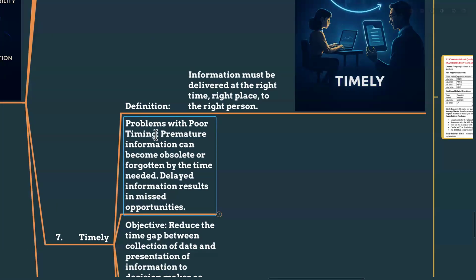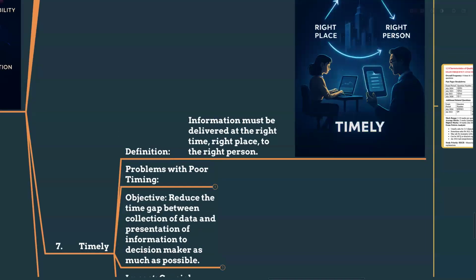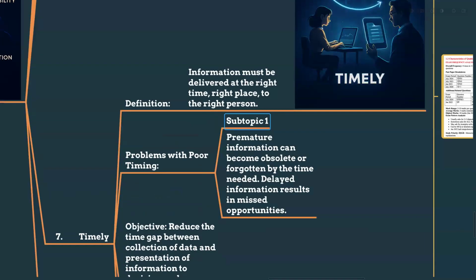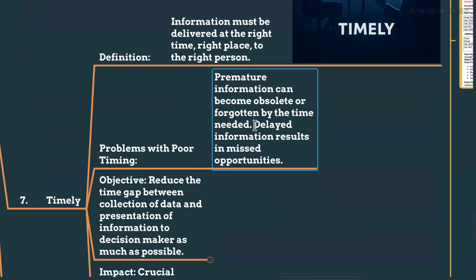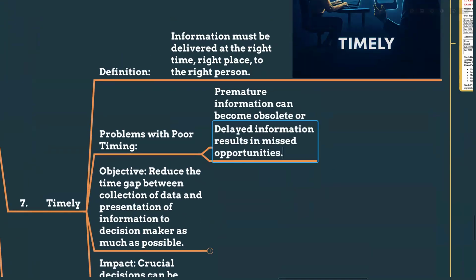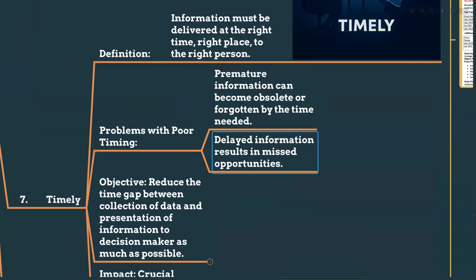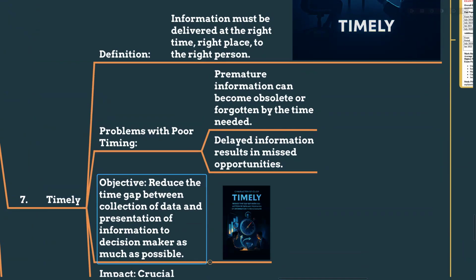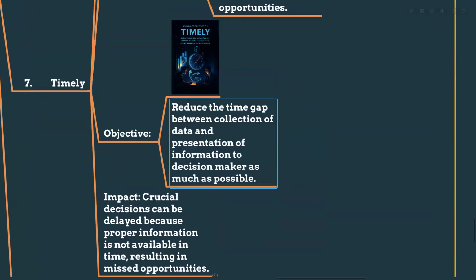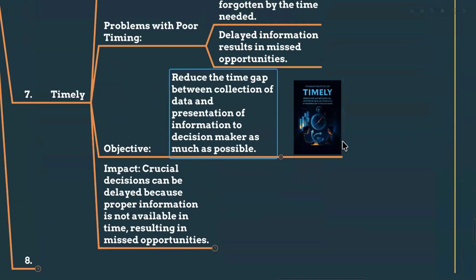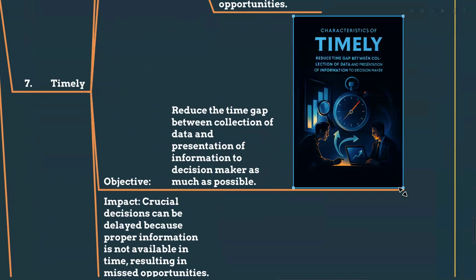So the problems with poor timing are here: premature information can become obsolete or forgotten by the time it's needed, and delayed information results in missed opportunities, right? I hope you can get the point. So, for timely information, the objective is to reduce the time gap between the collection of the data and the presentation of information to the decision making as much as possible.